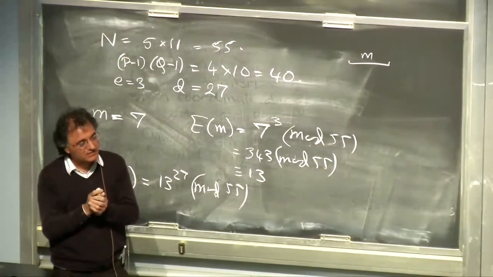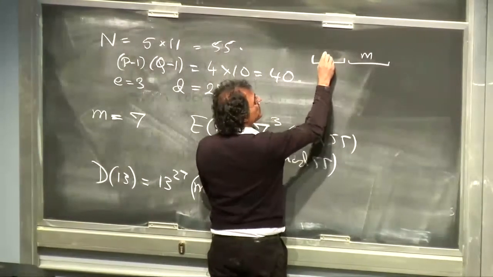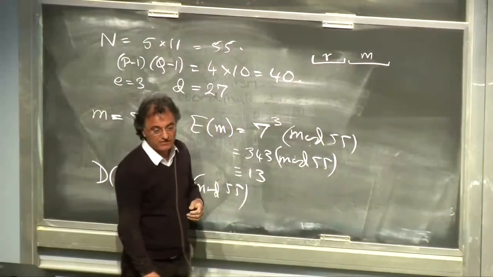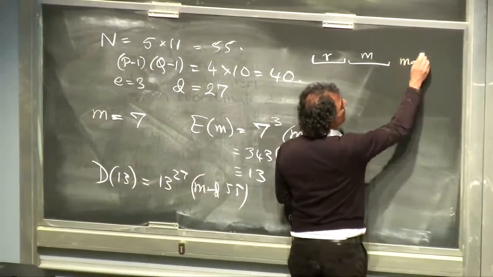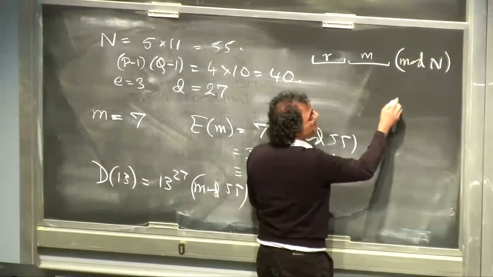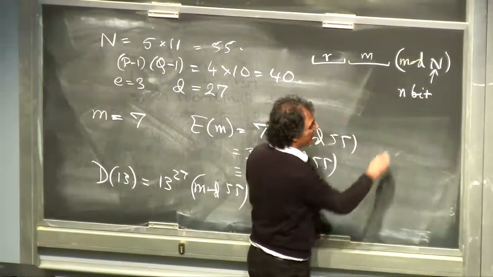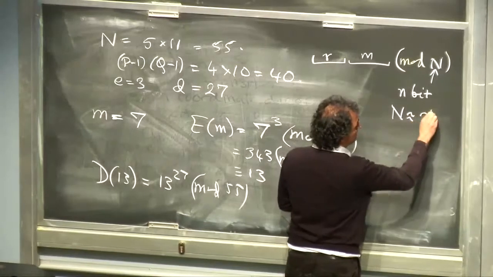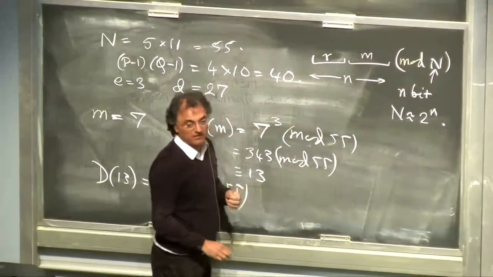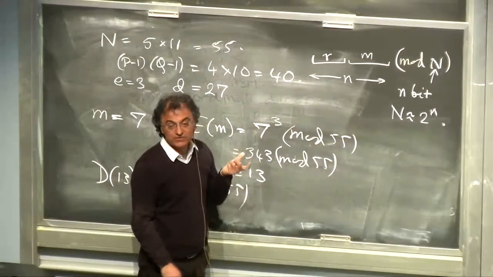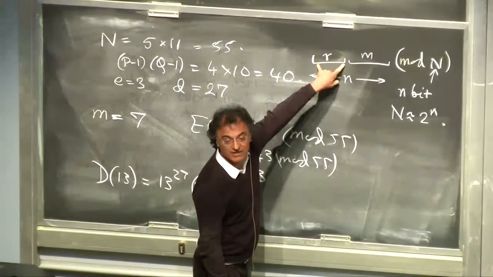And then for the rest of it, you put in some random string, and you take this mod n. If n is about 2 to the little n, so this is n bits, then let the message just be n over 2 bits, and then you add salt for n over 2 bits. So that's a random string.